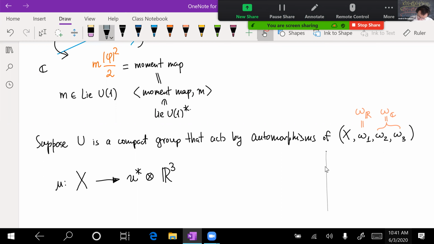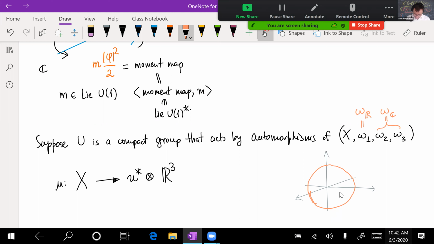We have kind of 3 directions, but maybe I'll try to draw a sphere. Imagine this is the sphere of complex structures, a unit sphere in this R3 that I indicated here.